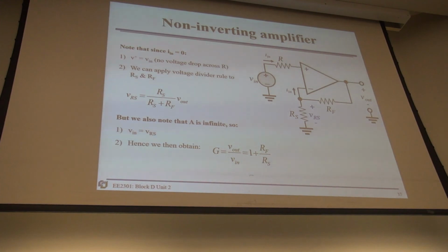It's almost 0. So then we know that V plus means the voltage here. This is V plus. It's the same as V in. So we want to derive the relationship between V in and V out, how it is related. Okay, step by step, very carefully.